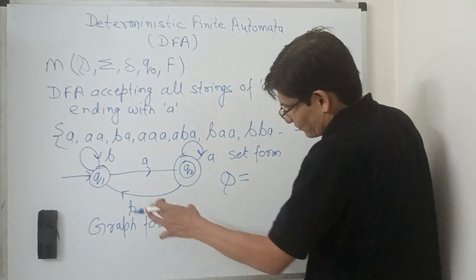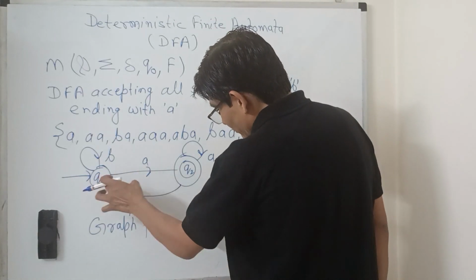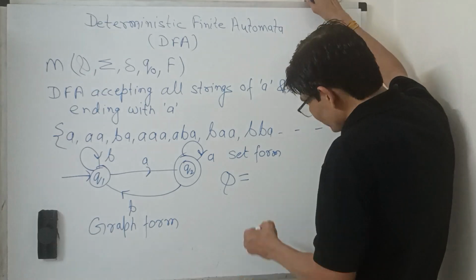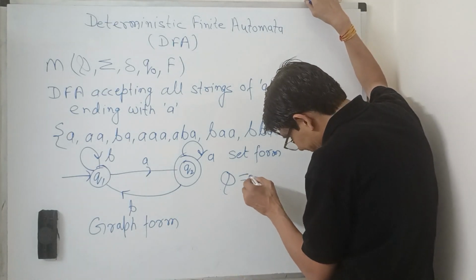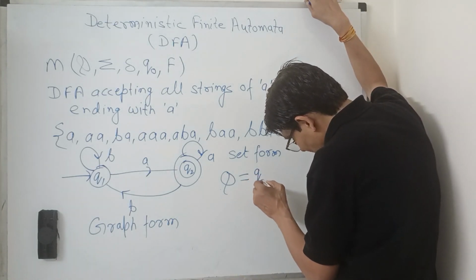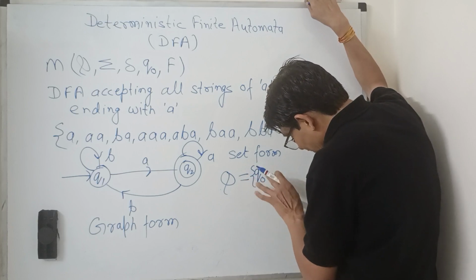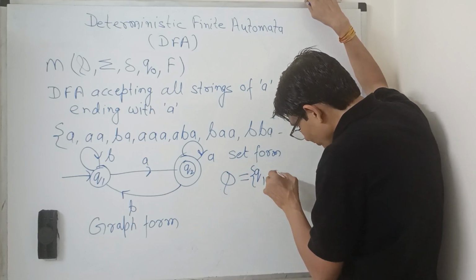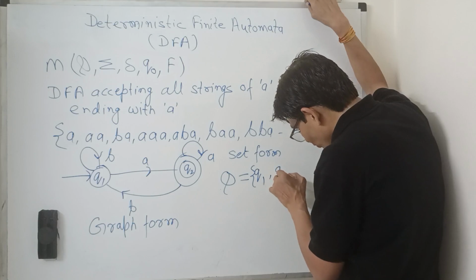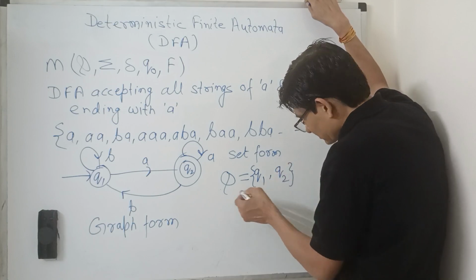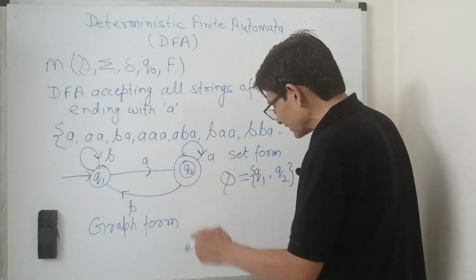In this machine we have two states, Q1 and Q2. So this is Q, only two states are there.